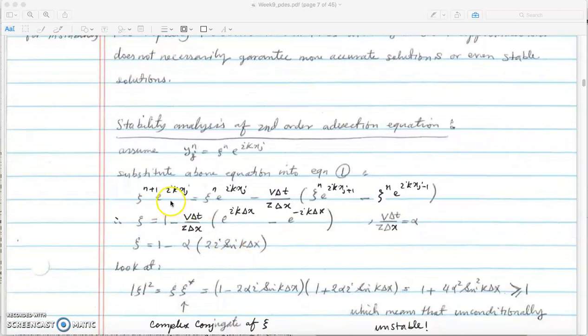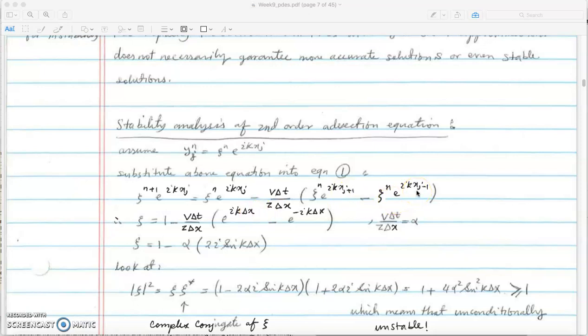So from here, we are left with xc equals, from here, we're left with 1 only because everything's canceled out. And then minus v dt over 2 del x times, from this term we get exponential of ik del x, because we cancel out xj from both sides, so this ends up being xj plus 1 minus xj, which is del x.